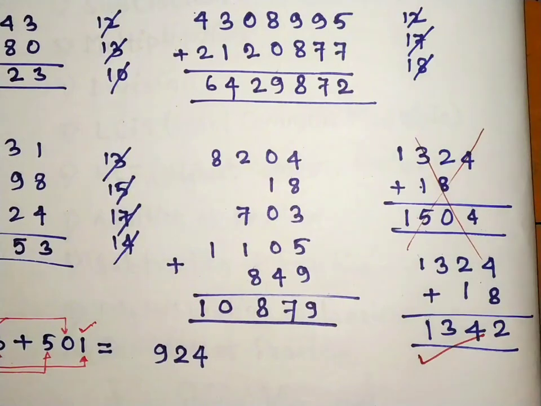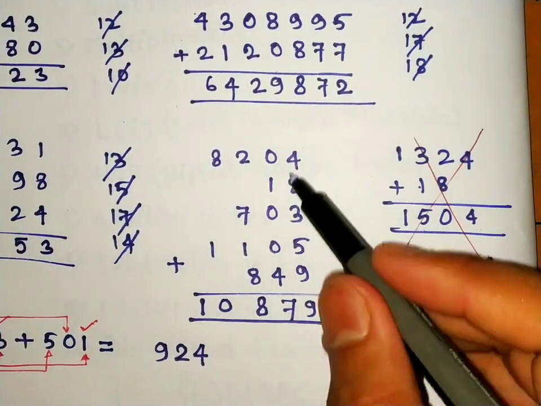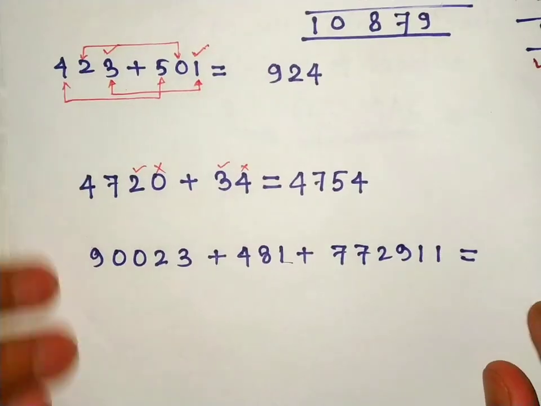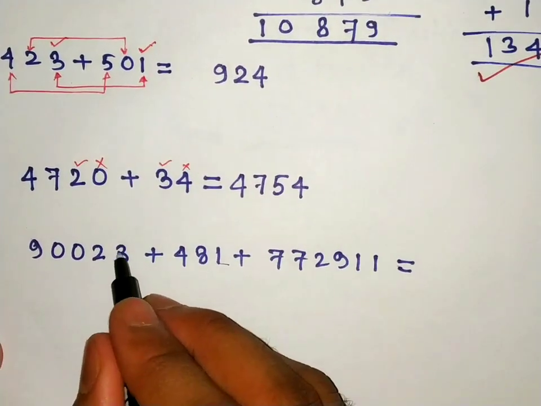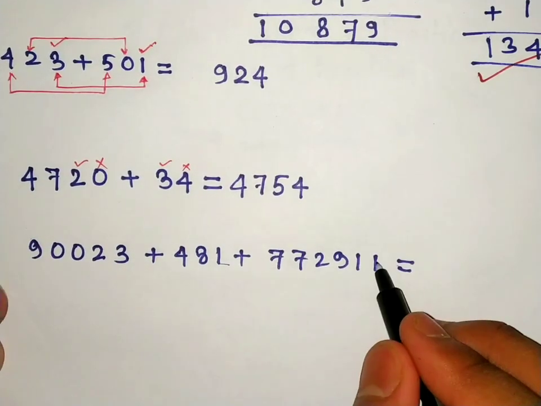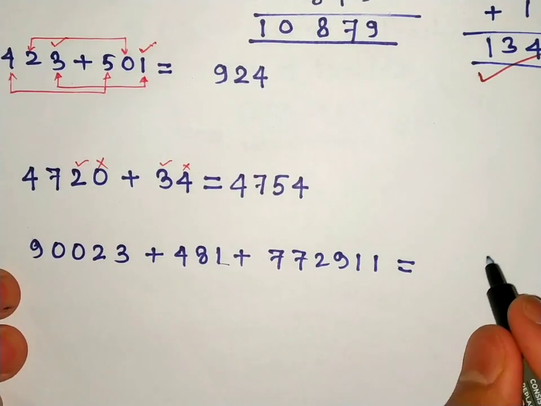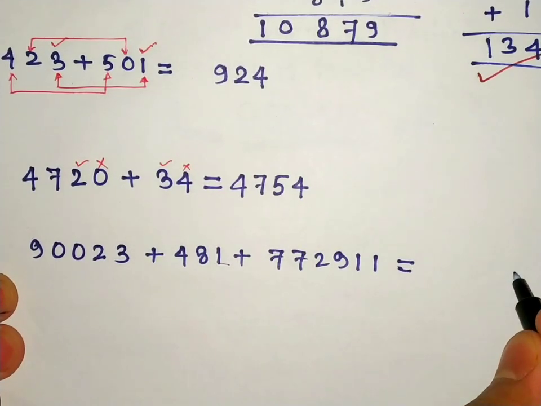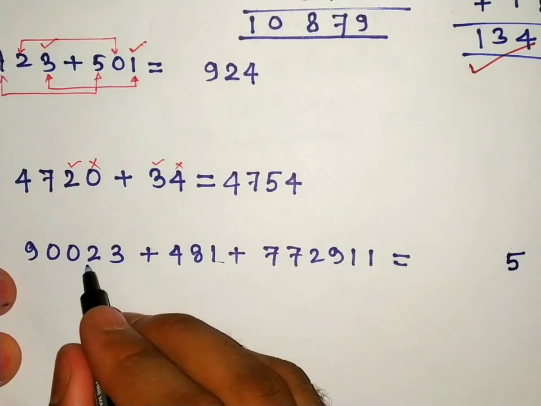Simply add accordingly, place-wise. From the right side, the first digit is 3, here the first digit is 1, here also the first digit is 1. 3 plus 1 will be 4, plus 1 will be 5. Keep some space for the remaining addition. 5 is here. Is it visible? Yes, it is visible.